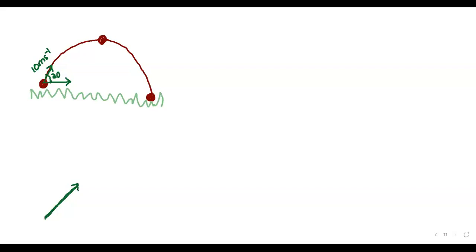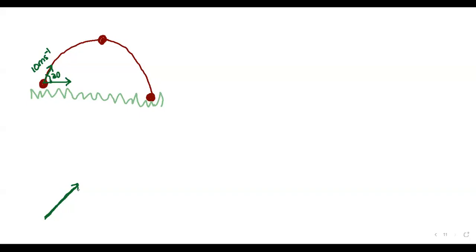Since it's a vector quantity and it's not going straight up, it's not going straight left, it's not going straight right, that means that this particular velocity is at an angle. Whenever any vector quantity, whether it's velocity, momentum, or force, is acting at an angle, we will have to make a horizontal vector and a vertical vector.